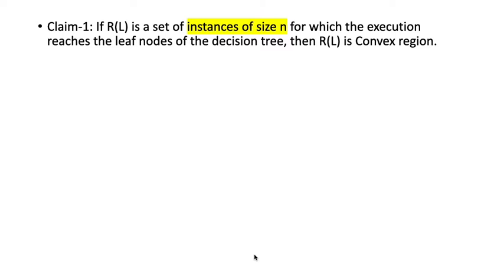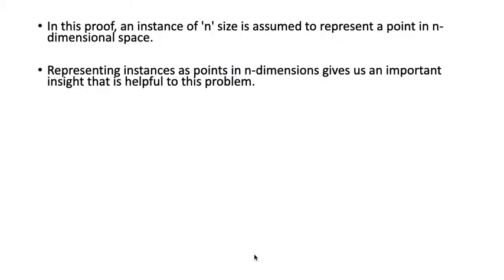Also, in this claim, we are saying that R of L is a set of instances of size n. For the sake of this proof, we are assuming that an instance of size n represents a point in n-dimensional space. We'll discuss this in more detail in the next slides.